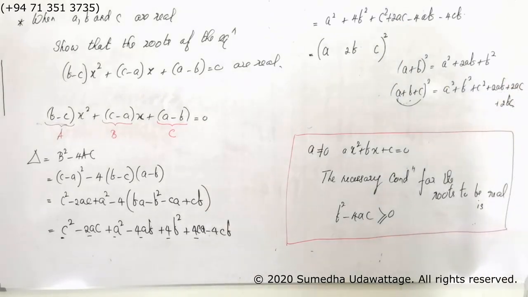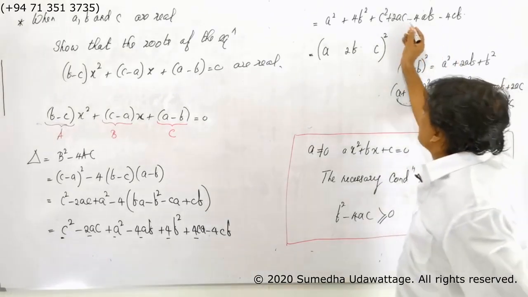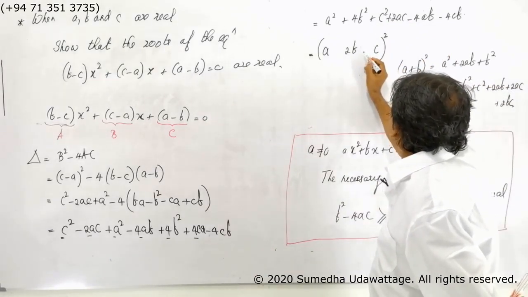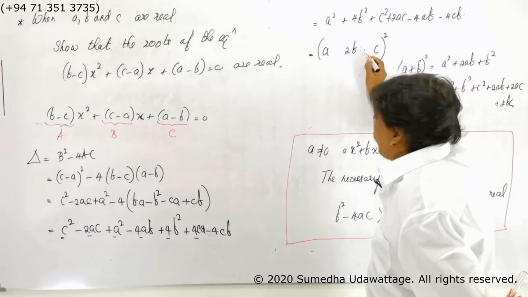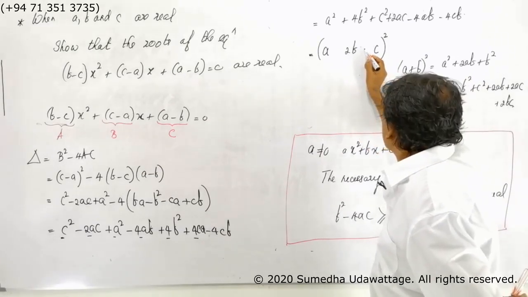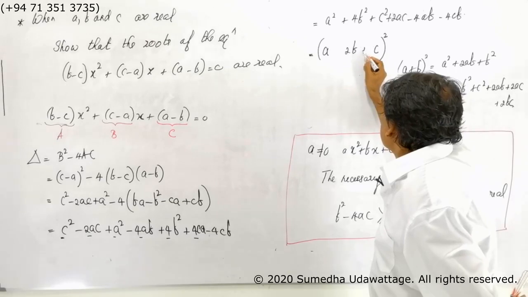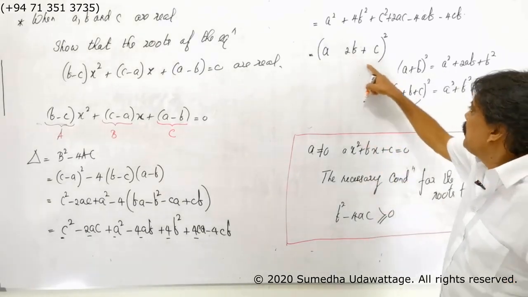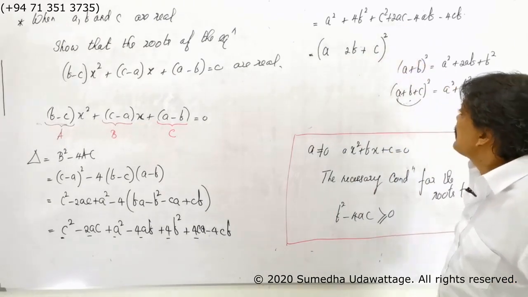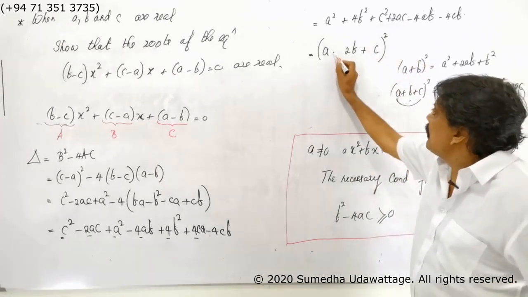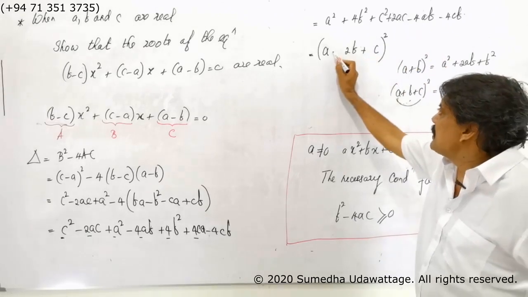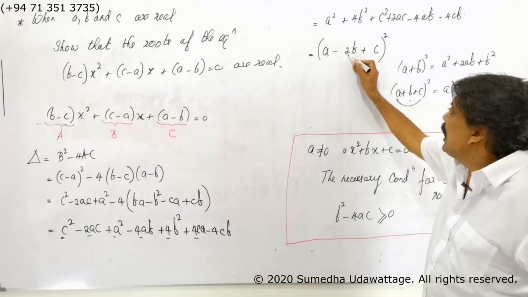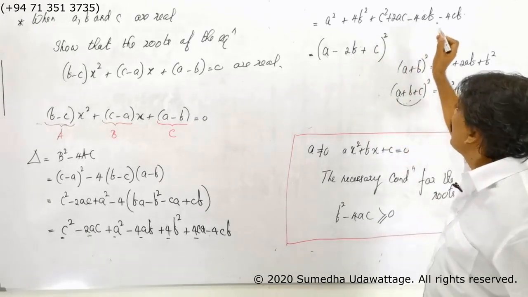Then it has to be 2ac. If I put a plus value here, these two multiplied by 2 give 2ac. Then the other two values are minus, so I'll put minus here. These two multiplied by 2 would be minus 4.